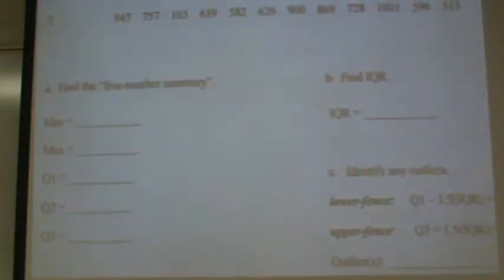Number 2, we're given this new set. Again, we want to make sure that we have it in order. So I think our smallest number is 103.